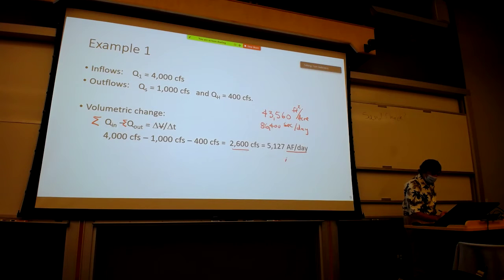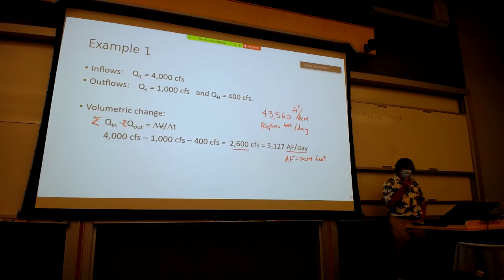AF is acre feet. So again, we would take the cubic foot per second, divide that by 43,560 square feet per acre, and that would give us acre feet per second, which would be a really small number. And so then we multiply by 86,400 seconds per day, and that gives us acre feet per day.